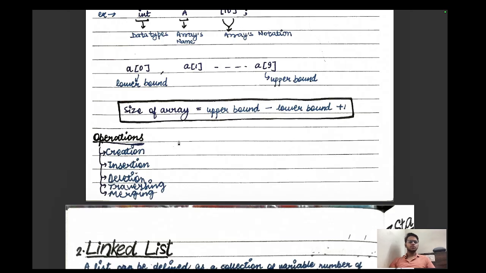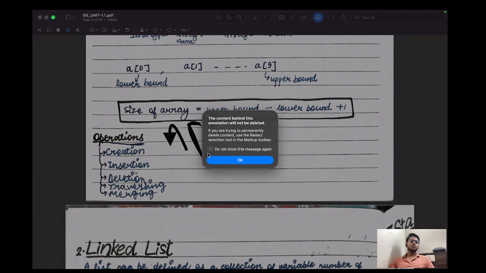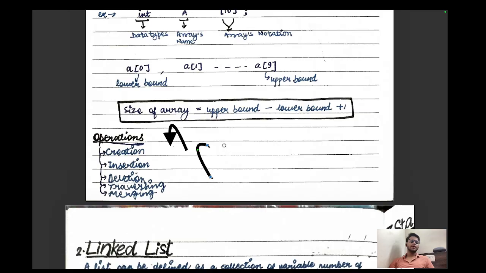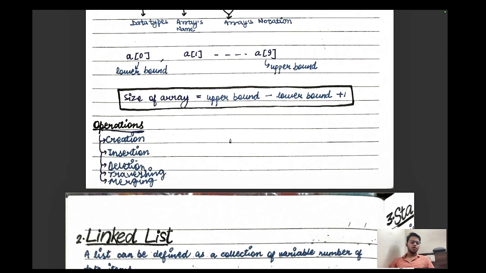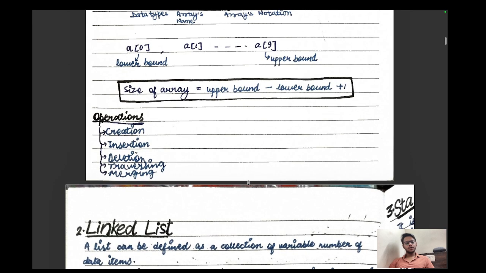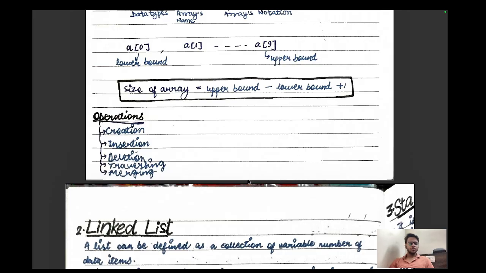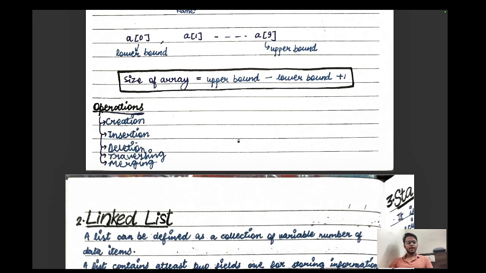I'm not using VS Code right now because I think these things are very basic and do not require a demonstration on an IDE. To create an array, I have told you that we can write the name of the array and denote the size in the square brackets, right? And if you want to insert something, then you can easily insert things.